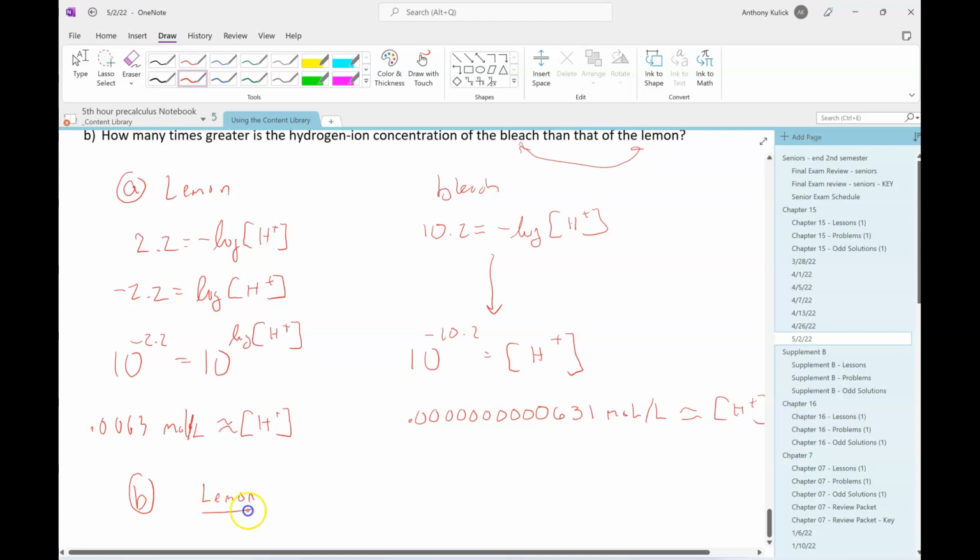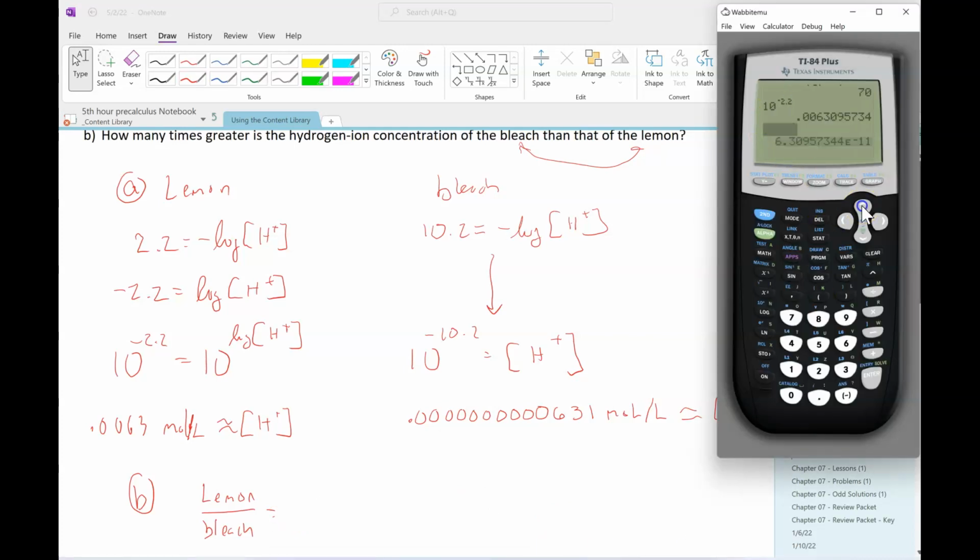So when it asks for times more, what I'm really just going to do is that lemon concentration divided by the bleach concentration. Since I have those numbers on my calculator, I'm just going to use this one divided by this one, and I get that to be about, how many, so 1 with how many zeros there? 1, 2, 3, 4, 5, 6, 7, 8.